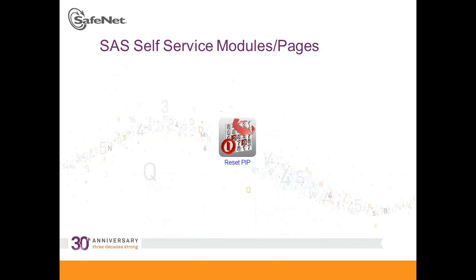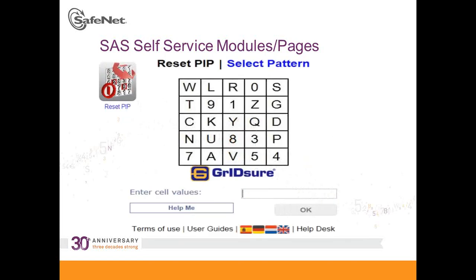One of the tokens that we have is a grid-based token based on the GridSure technology. So again, we have the ability through self-service for a user with a grid token assigned for he or she to access self-service and change their PIP, which is the personal identification pattern, at any time.